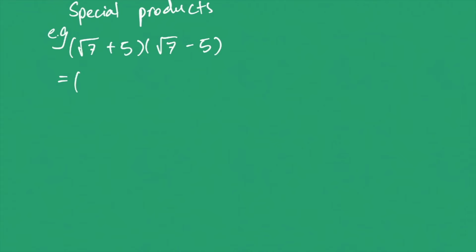So square root 7 is the a in this case, so square root 7 squared minus 5 squared, where 5 is b in this case. Then we simplify it. We will get 7 minus 25 equals negative 18.